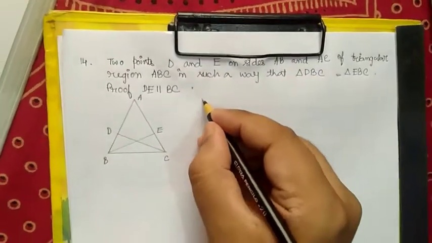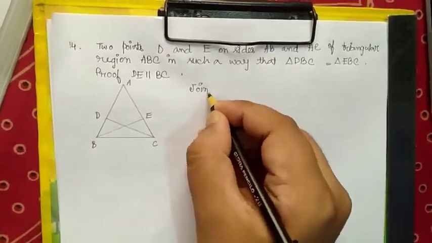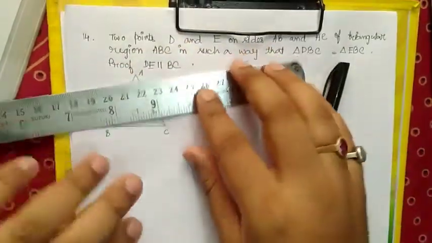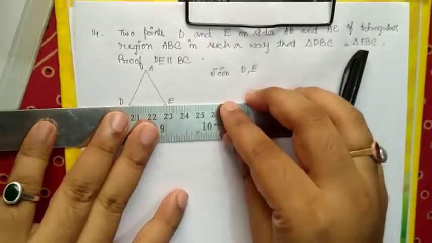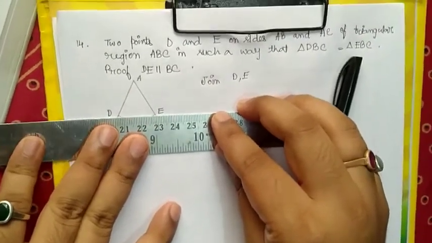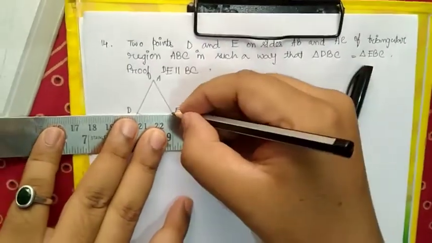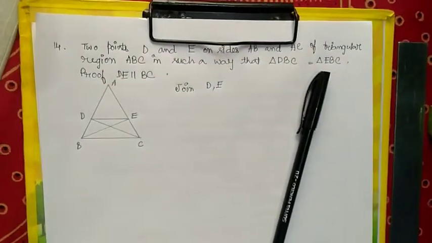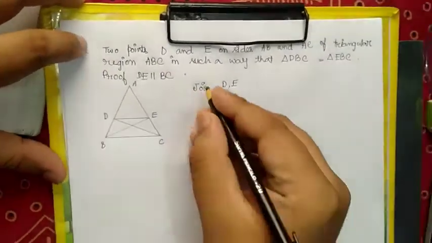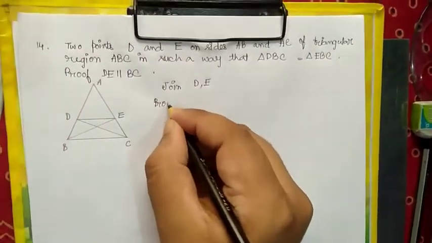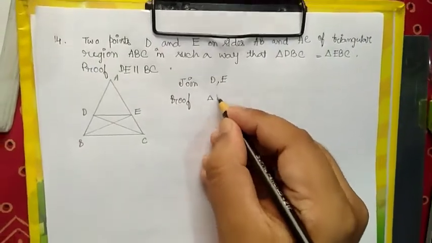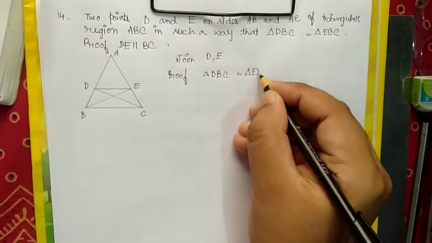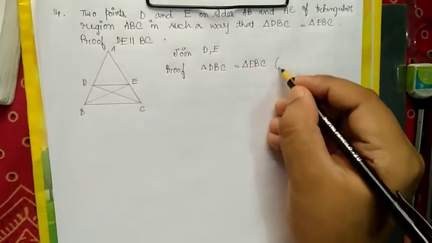Now join D and E. So therefore, now prove: triangle DBC equals triangle EBC, given.